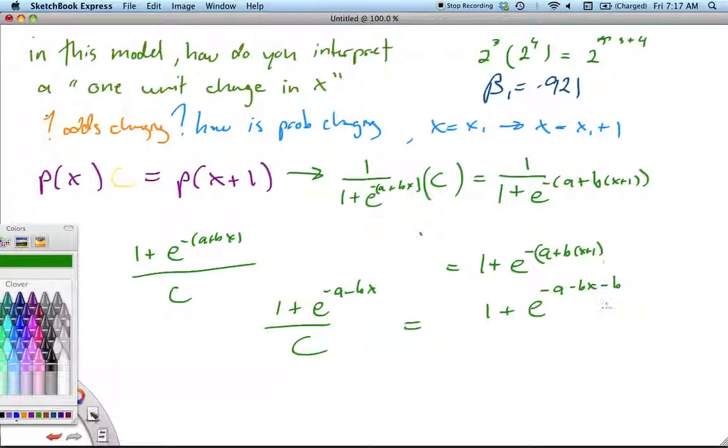So what we could do is pull out an e to the negative b here, right?